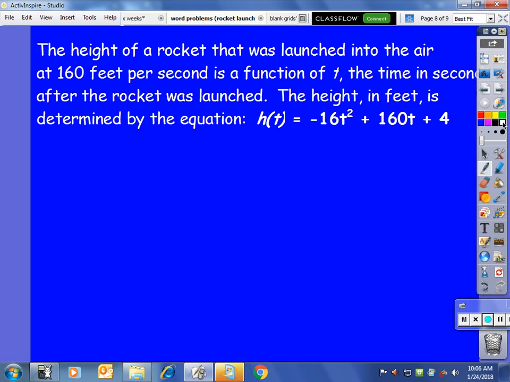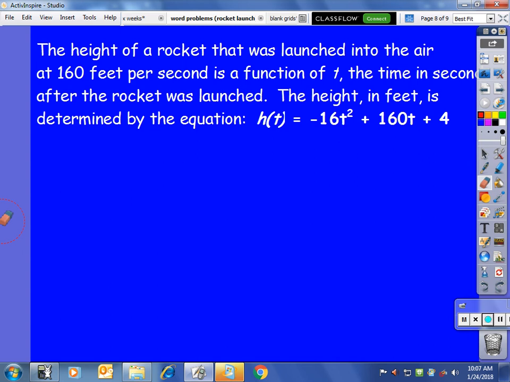These are notes. Word problems of parabolic functions. Doesn't that sound so intelligent? A parabola is just what we've been looking at. These guys. Okay, so read this question.